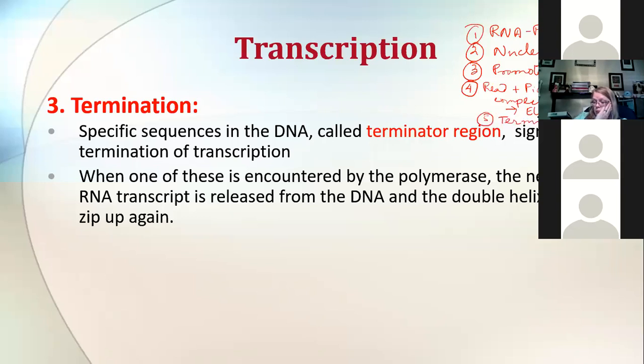Termination is when RNA polymerase reaches the terminator region. During transcription, we make a complementary RNA strand, and it is complementary to our DNA. So in this case, the portion of DNA we are going to copy works as a template strand.